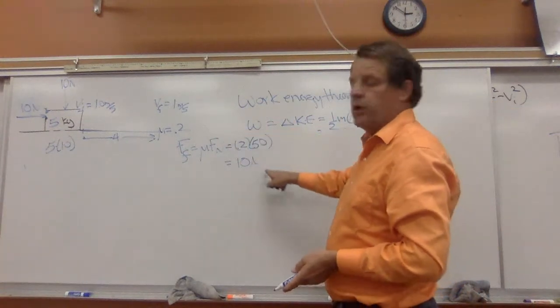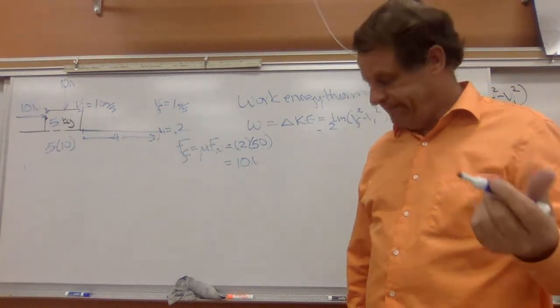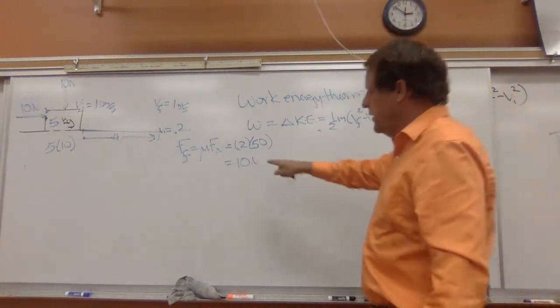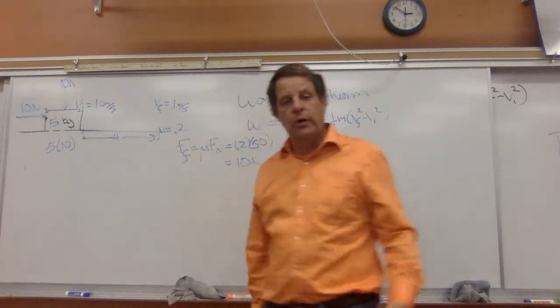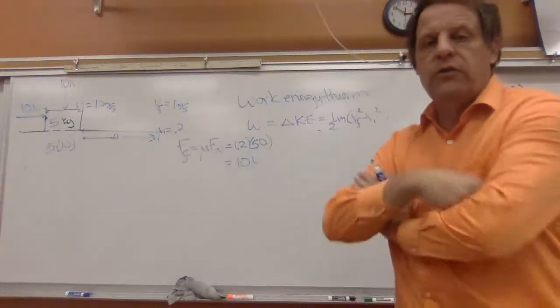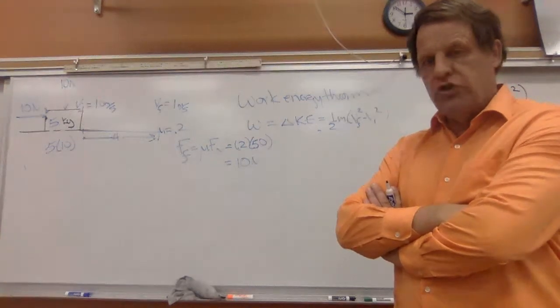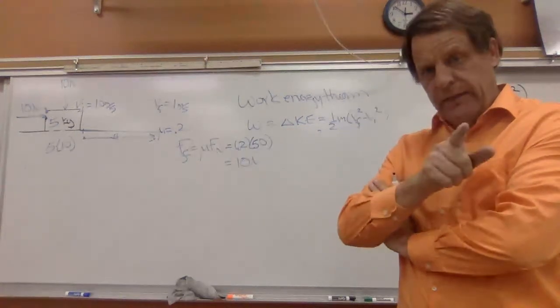So again, we're still going to do 40 joules, but how much work did friction do? Okay, well, friction has a force of 10 and it's got a displacement of 4. So 4 times 10 is 40. So friction did 40 joules of work, or did it?